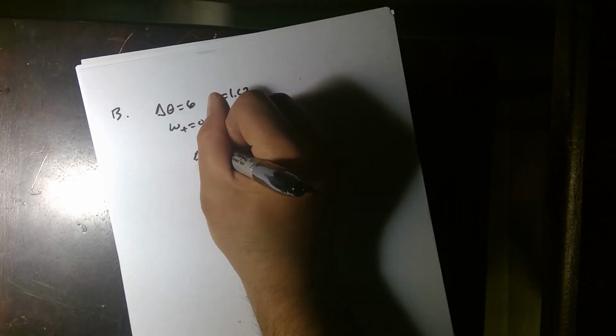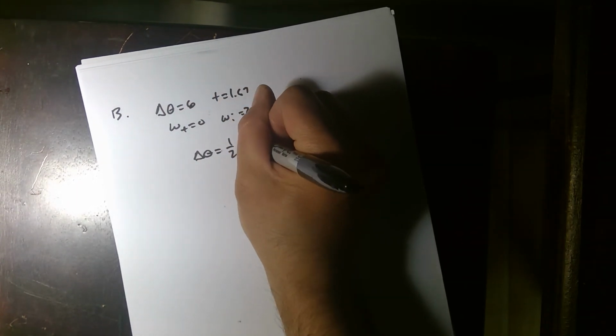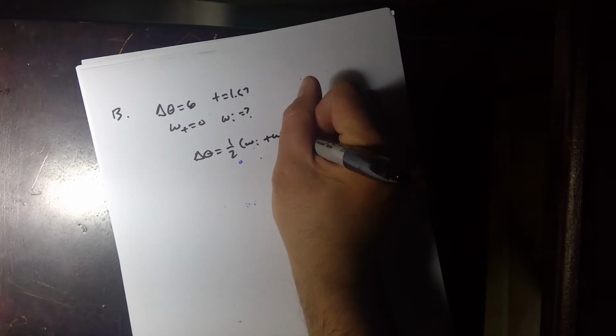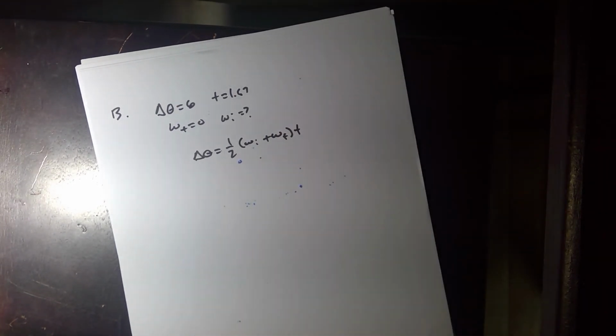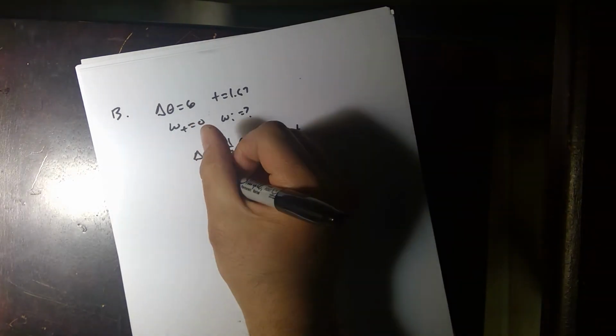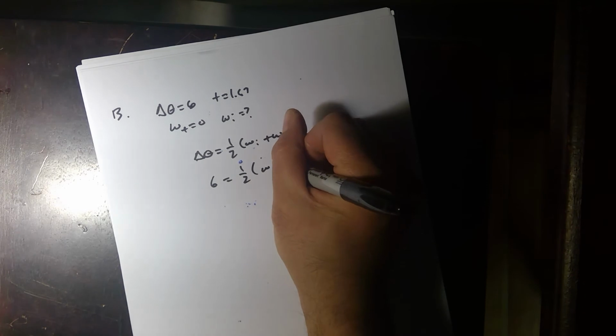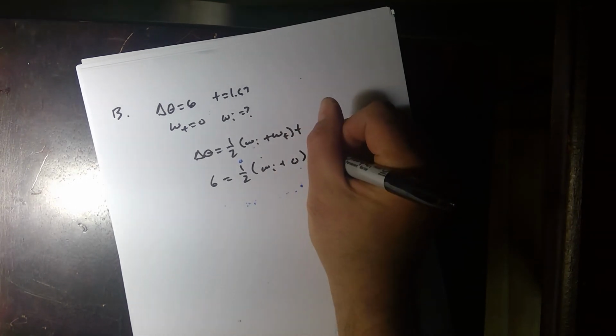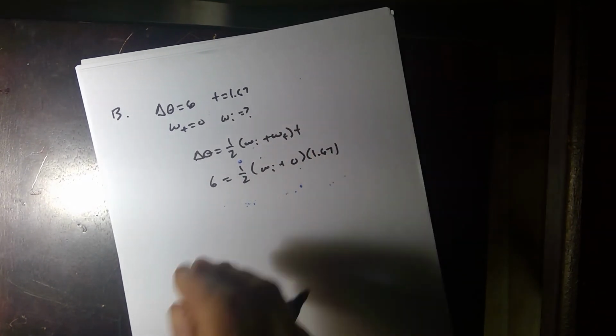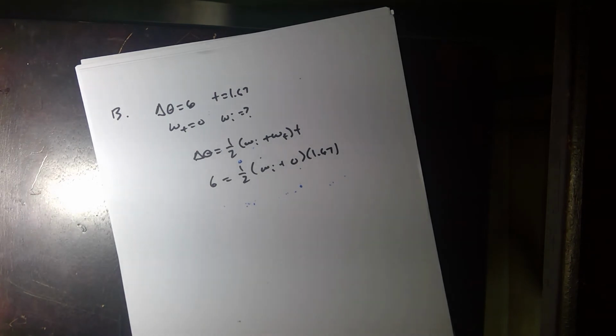Looking at my equations, I'm going to go with this one, simply because that's my only unknown, omega I. So putting it in, we get 6 equals 1/2 times omega I unknown plus 0, times 1.67 here. See what we end up getting.